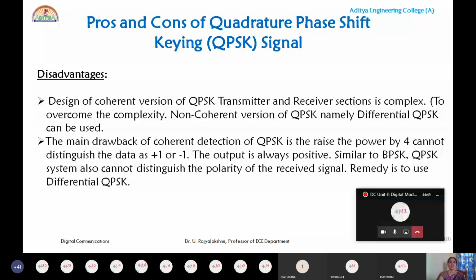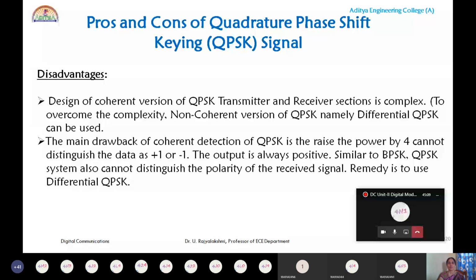So the differential QPSK technique can overcome the drawback of the coherent version of QPSK transmitter and receiver sections. Another drawback of coherent QPSK, similar to BPSK, is that it cannot detect the polarity.